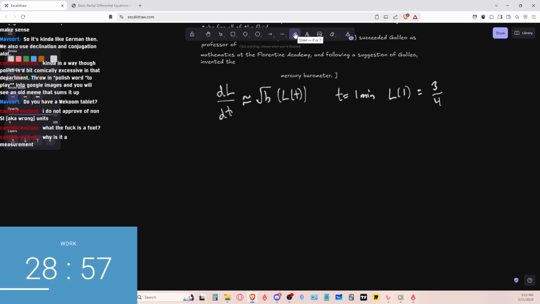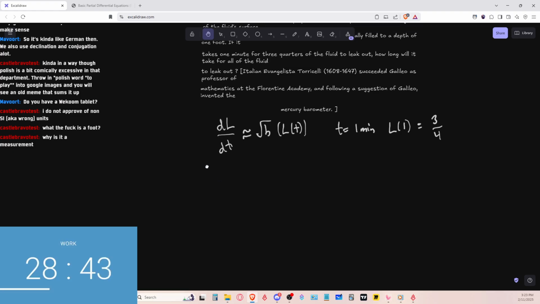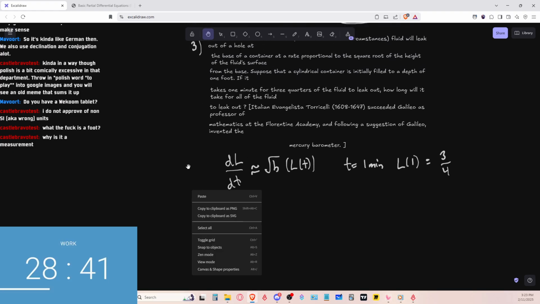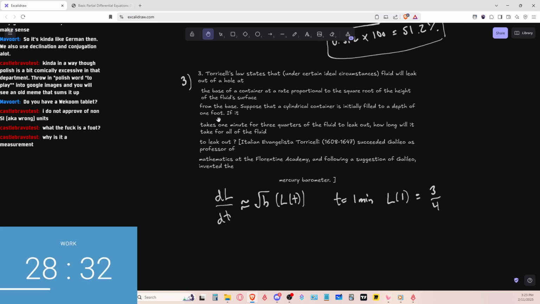Yeah, I feel the same way. I'm so used to working with SI units, especially with a scientific problem. What other details do we get? Let's see. They said a foot somewhere. Okay, here we go. The base of the container is at a rate proportional to the square root of the height of the fluid's surface.